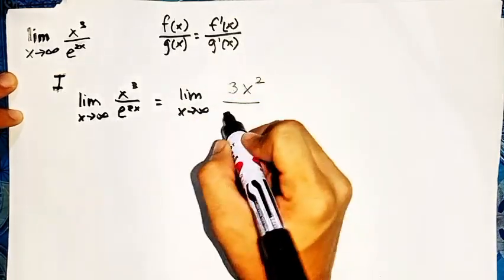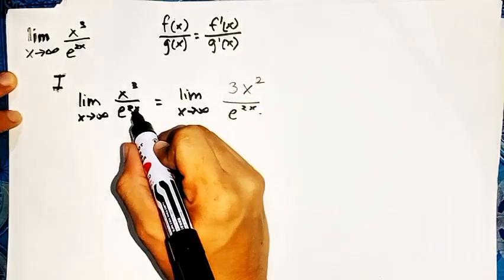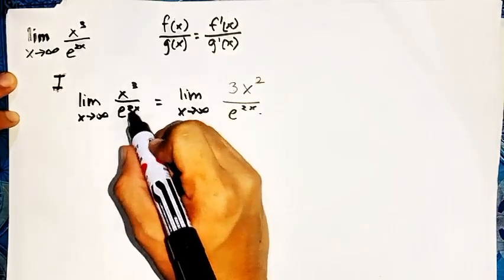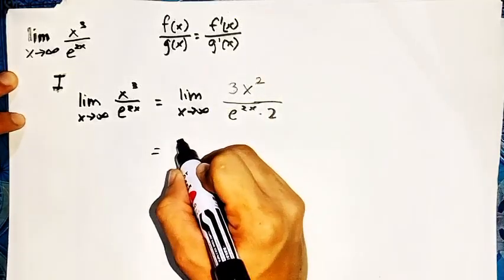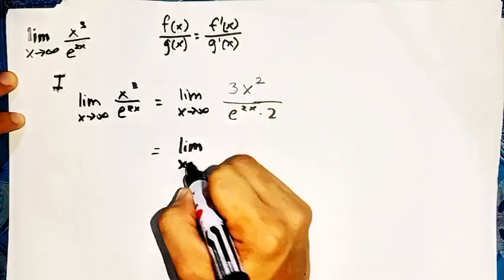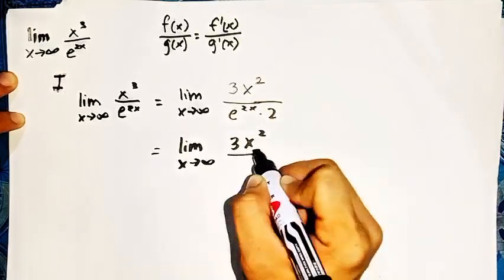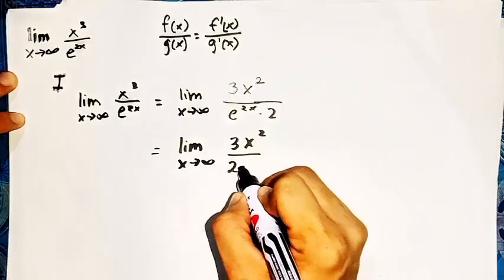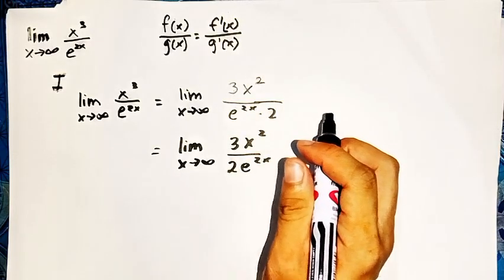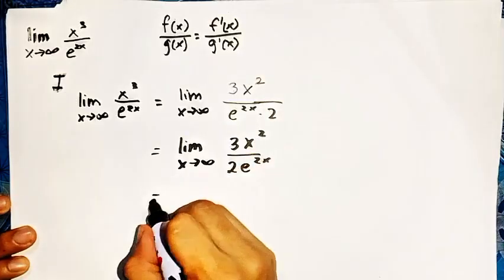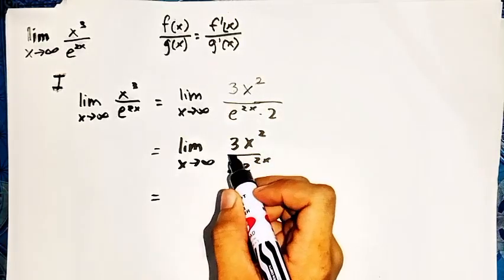Using the chain rule, first we have e to the 2x times the derivative of the exponent, which is 2. So limit x approaches infinity, 3x squared over 2e to the 2x.